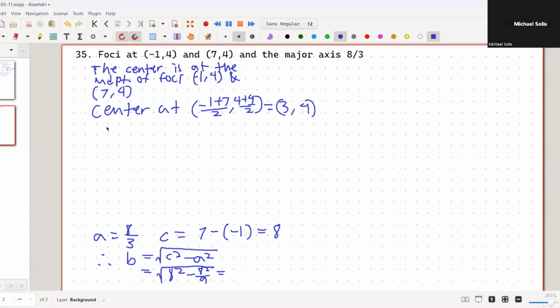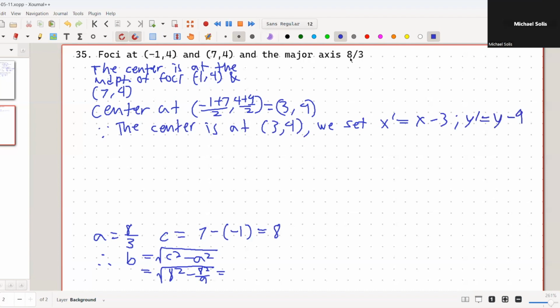Or since the center is at 3, 4, it is convenient we set x prime equals x minus 3, y prime equals y minus 4. Okay, so what else do we know?